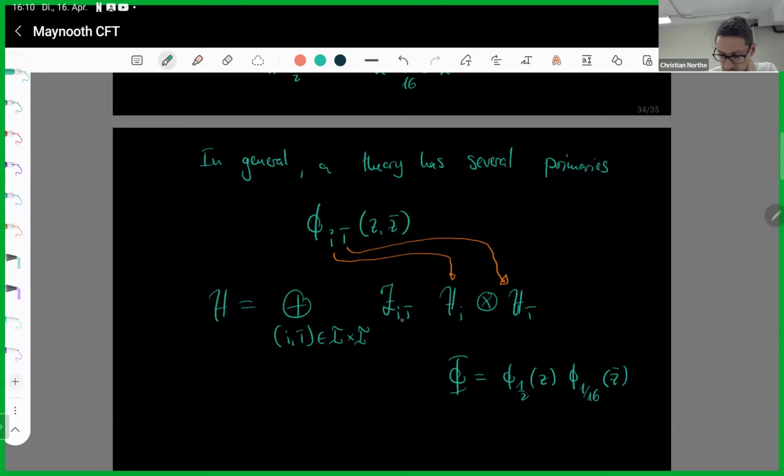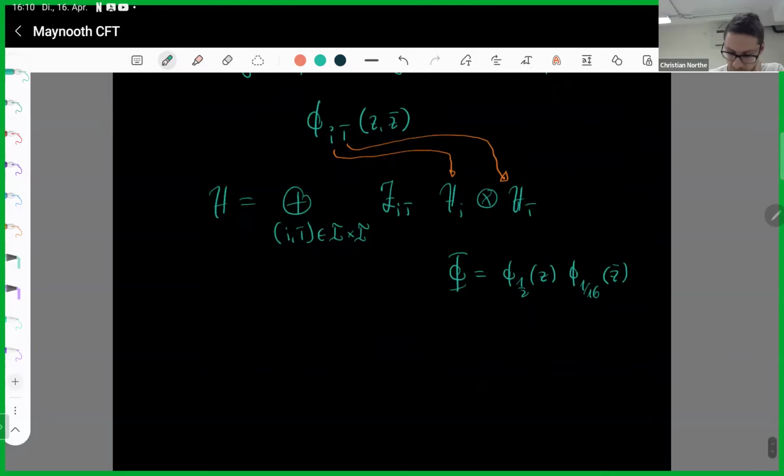It's going to be a capital I times capital I matrix. So we're going to demand that the identity is unique. That means that the coefficient for 0, 0 is 1.